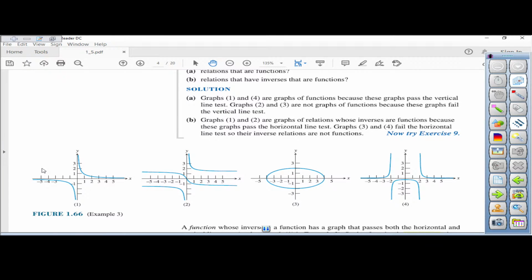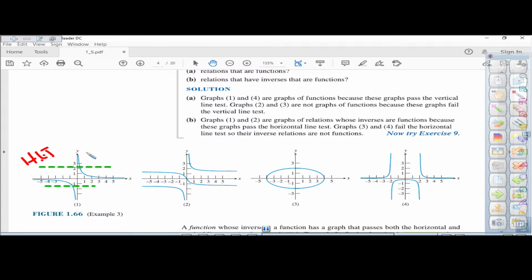So I'm going to come horizontally and try to dissect number one. It does pass here, it does pass here, and wherever you put the horizontal line, it's going to pass. If it passes in the original, then the inverse of this is also going to be a function.